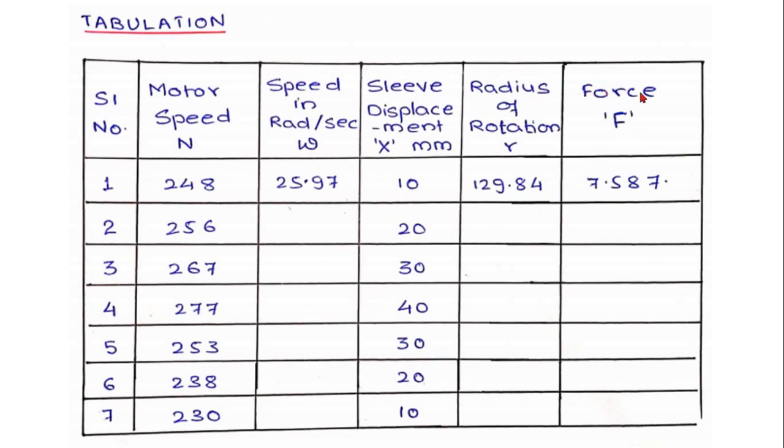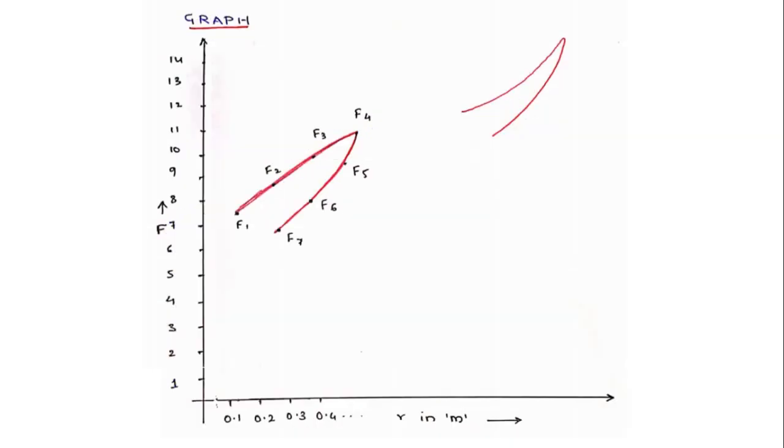Now once you have all the columns filled, we need to plot the graph force versus radius of rotation. So you will have these set of values as the centrifugal force, these set of values as the radius of rotation. So with that we will plot now the graph.